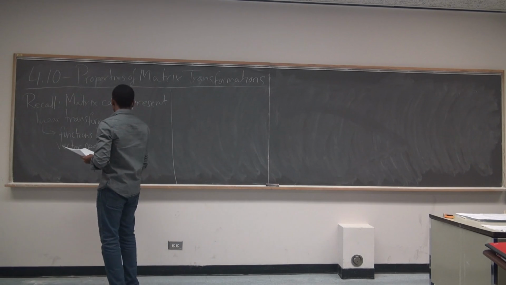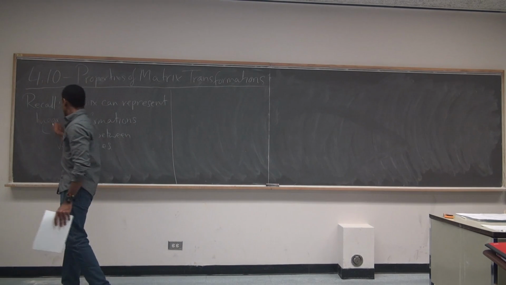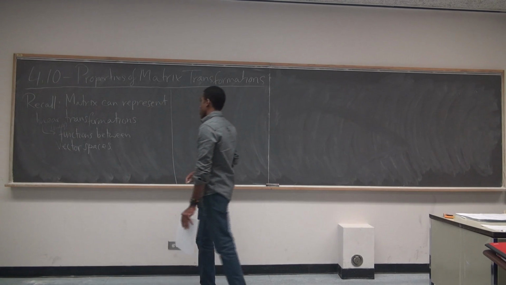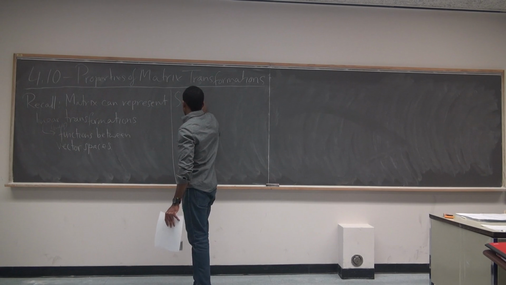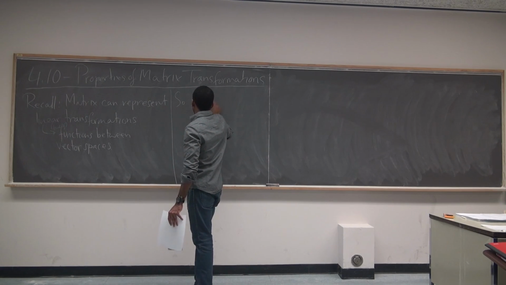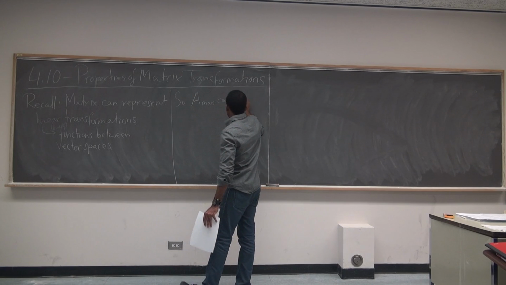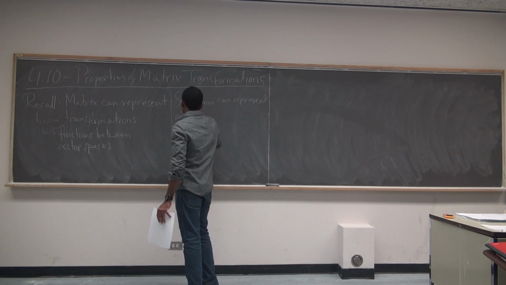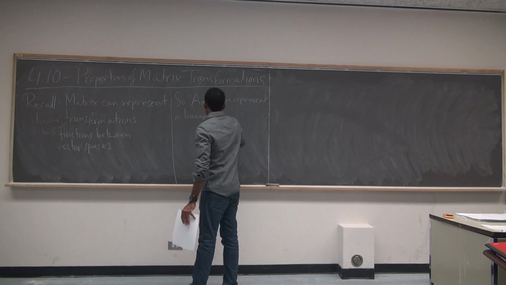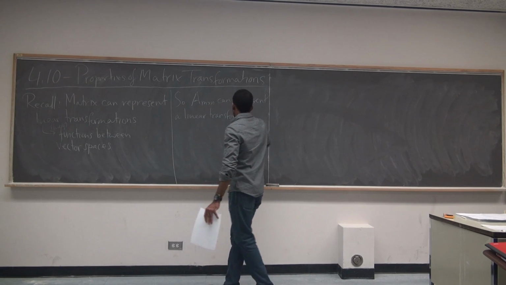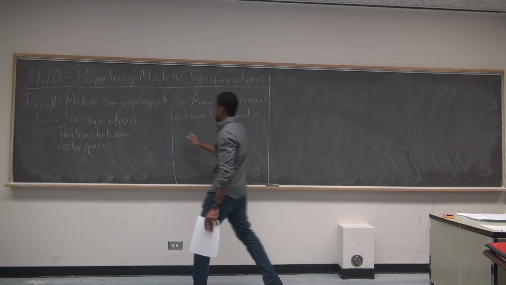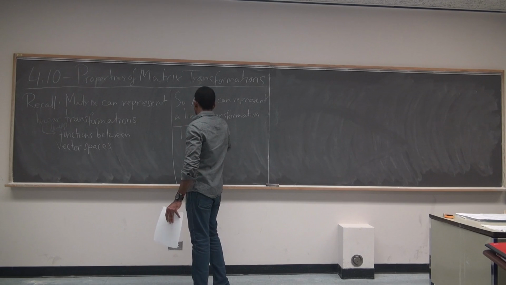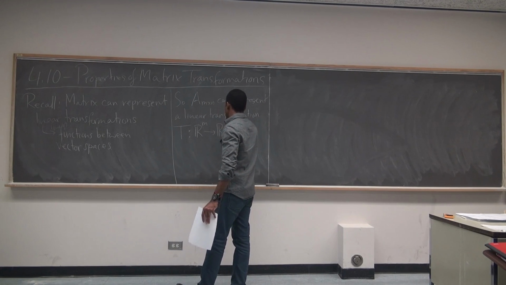I'll define more what linear means later on. So, A, which is m by n, can represent a linear transformation, which I would call T, which is a function from Rn mapping to Rm.